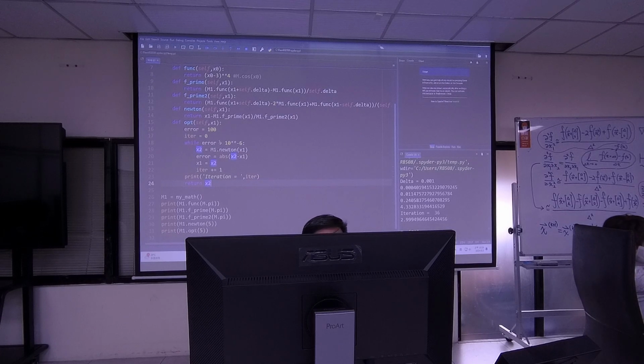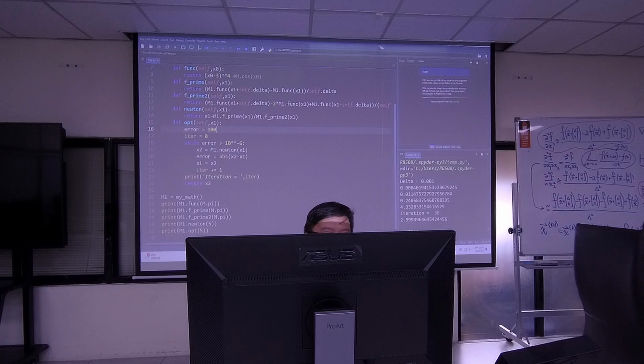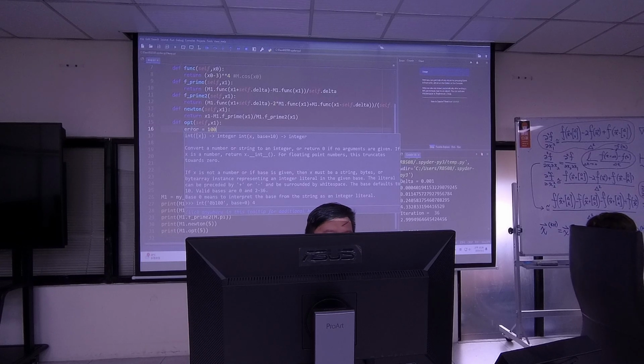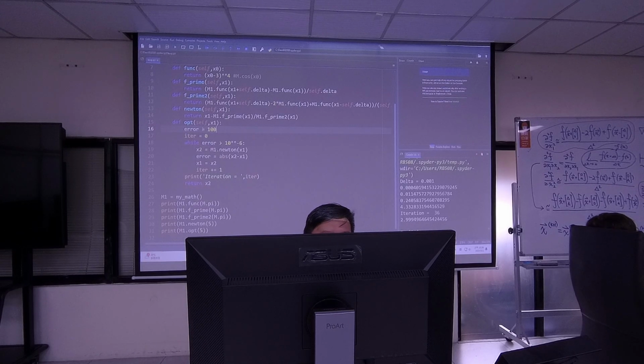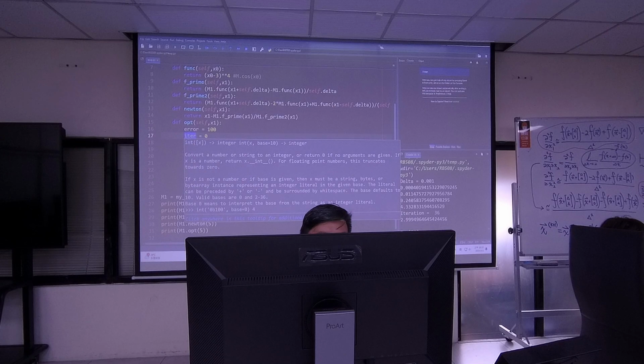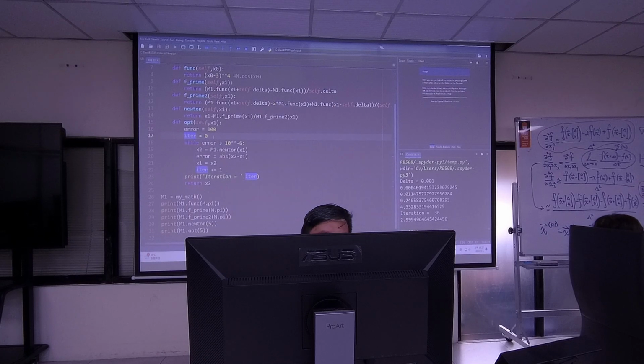Let me explain what happened. Initially, you define some value called error. We want this error to be very small later on. Then create a number called iter, just for me to know how many times I run the while loop. Initially it's 0.